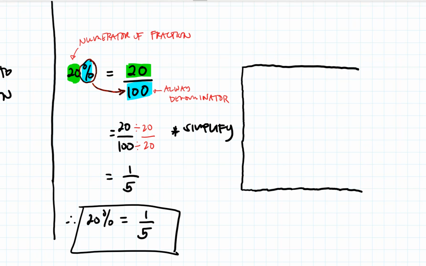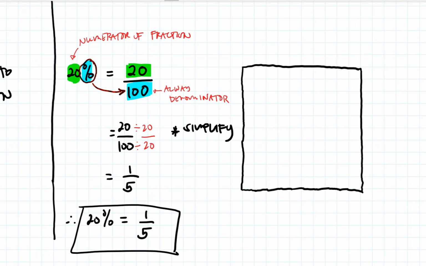So I have a 10 by 10 square. 20% means that I'm taking 20 parts out of 100.